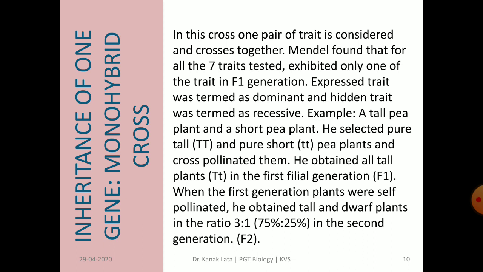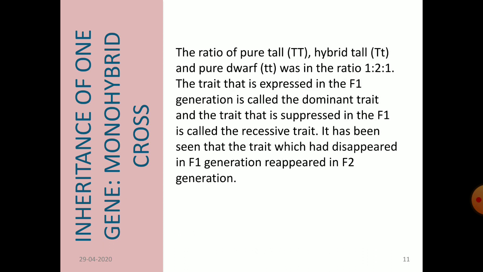And in the F2 generation, both dominant and recessive traits are obtained in a ratio of 3:1, but the ratio of pure tall, hybrid tall and pure dwarf is 1:2:1.